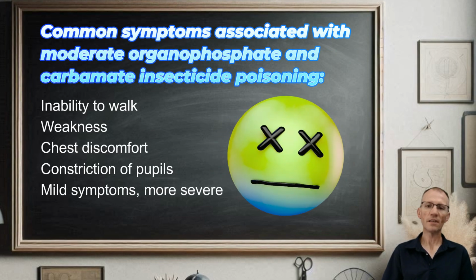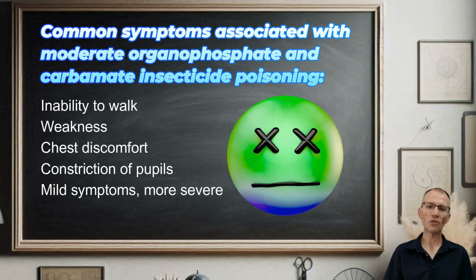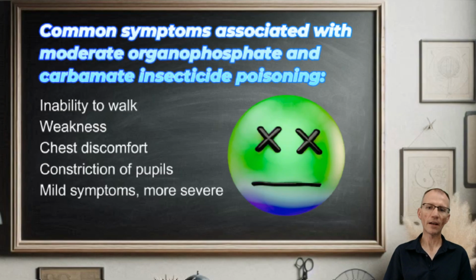Of course, we just looked at some of the mild symptoms. Now we're going to look at some of the moderate symptoms. These would include inability to walk, weakness, chest discomfort, constriction of pupils, mild symptoms, and more severe symptoms.